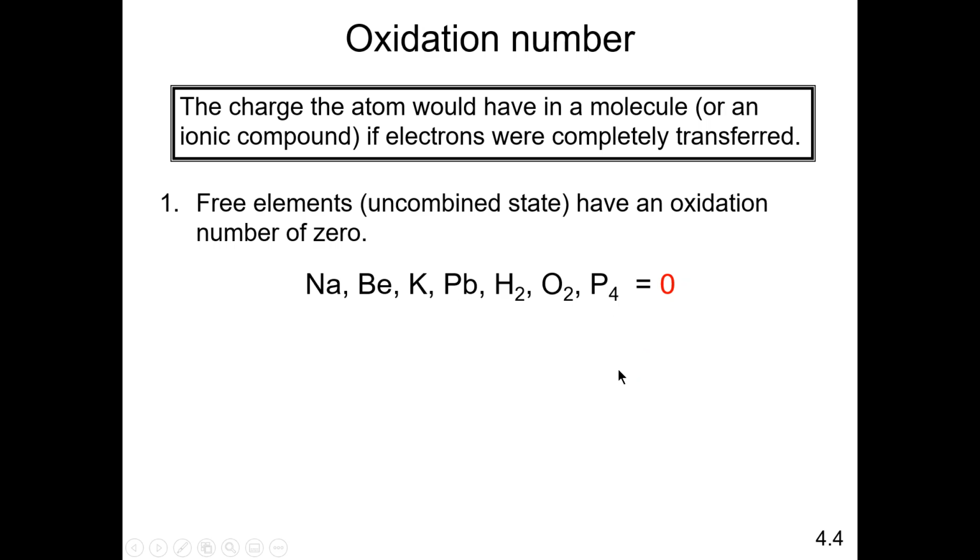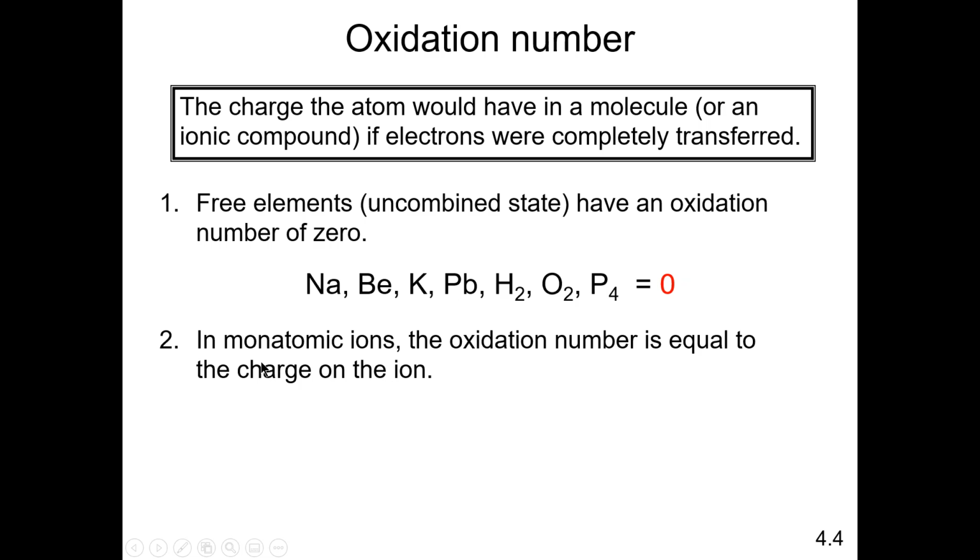The next rule has to do with monoatomic ions, which we just discussed. The oxidation number is equal to the charge on the ion. For example, for the lithium ion, the oxidation number is +1. For the iron 3 ion, it is +3. For the oxide ion, it is -2.